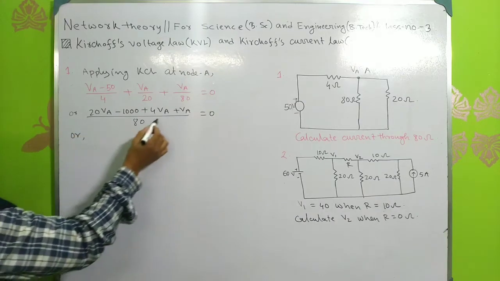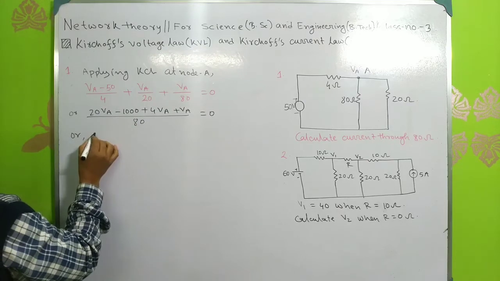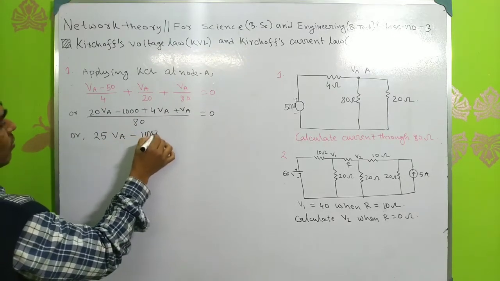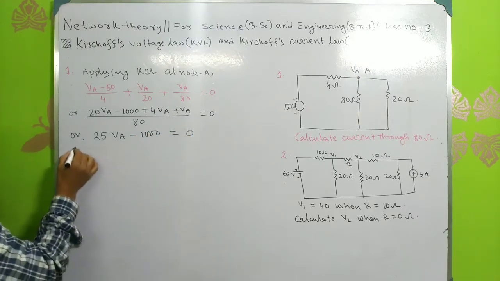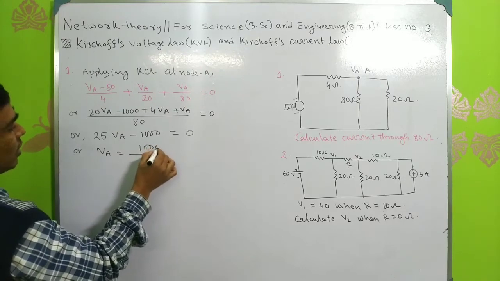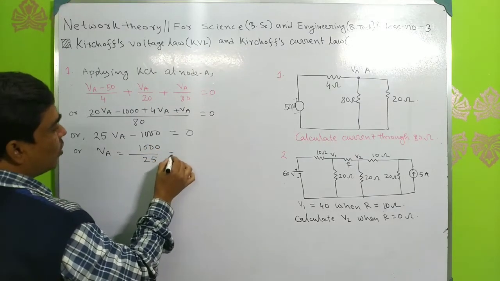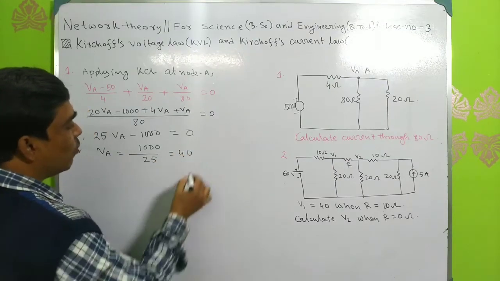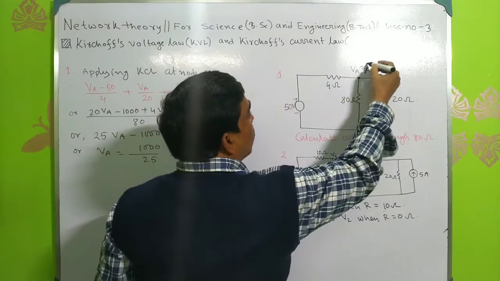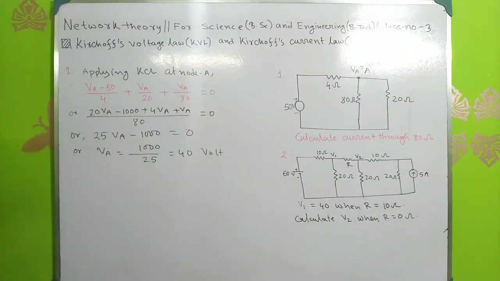So it will be 5 and 20. That means 25 VA minus 1000 equals 0. So VA equals 1000 divided by 25. So it will be 40 volt. Okay, so node voltage is 40 volt at node A.